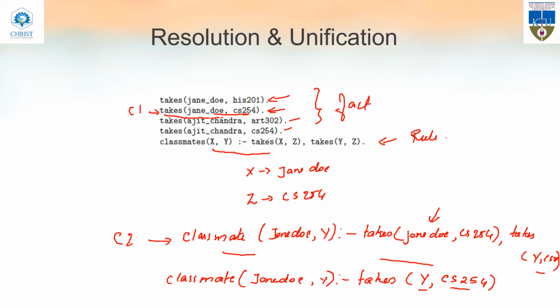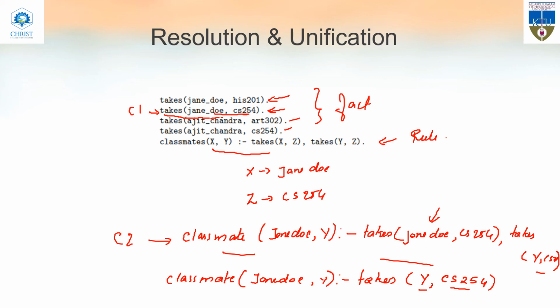So you can try to unify using any of the facts which have takes(Y, CS254). CS254 is there, and here also CS254 is there, which cannot be changed. So the second argument of takes cannot be changed. Y can take any value, right?